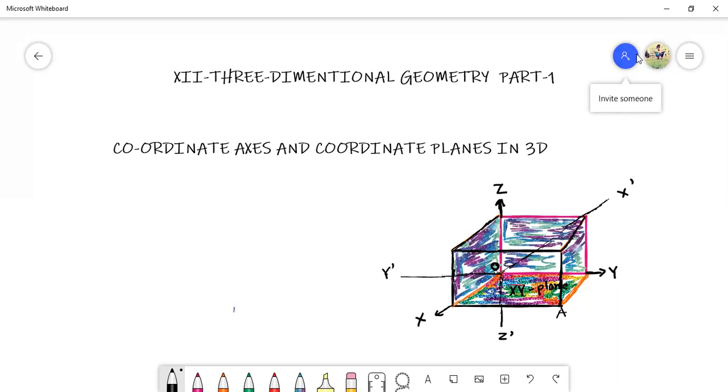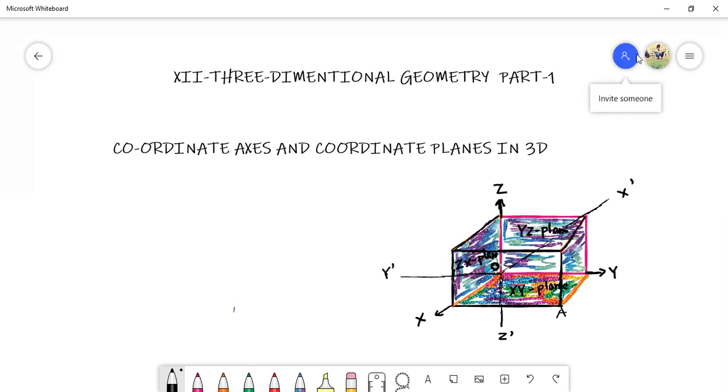This is the XY plane, okay? And the back wall, you can say the back wall, this is the YZ plane, and this left side wall is called the ZX plane.